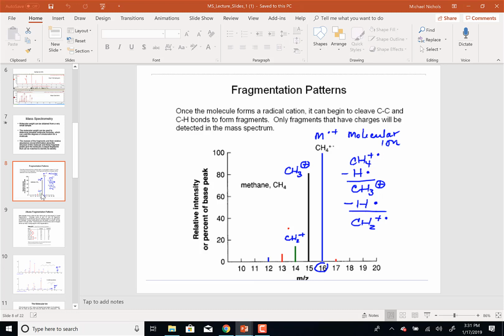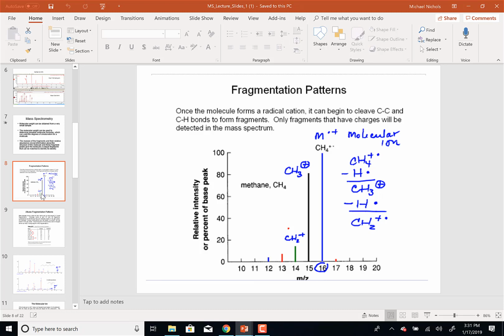High energy species can exist. So then there's a fragment. So it lost an H dot. Then if the CH3 plus loses an H dot, now it's down to a CH2 dot plus. And so now I see that peak. Of course, every fragmentation gets smaller and smaller. So it's those fragments that help us put this molecule back together if we know how it fragments.